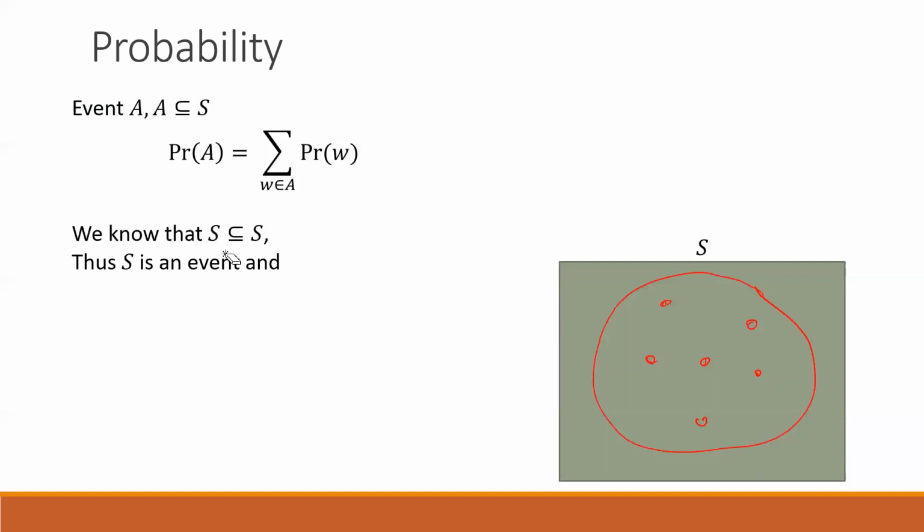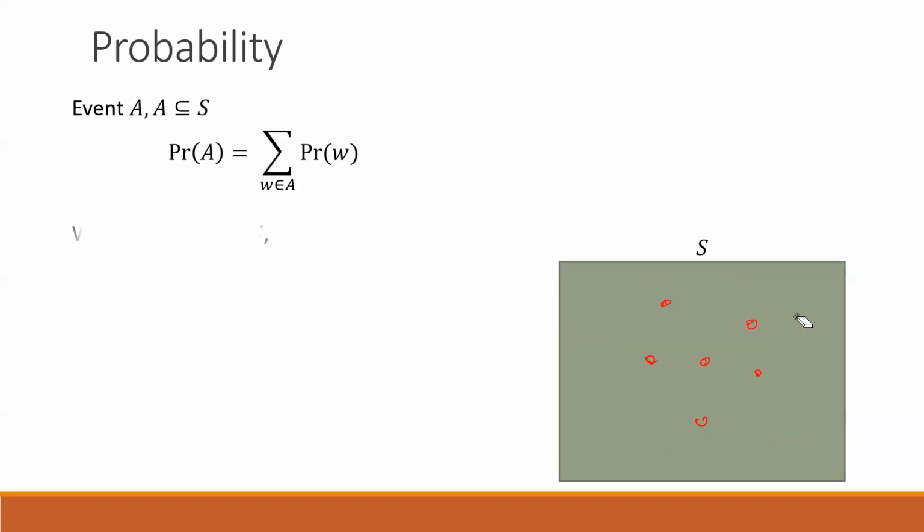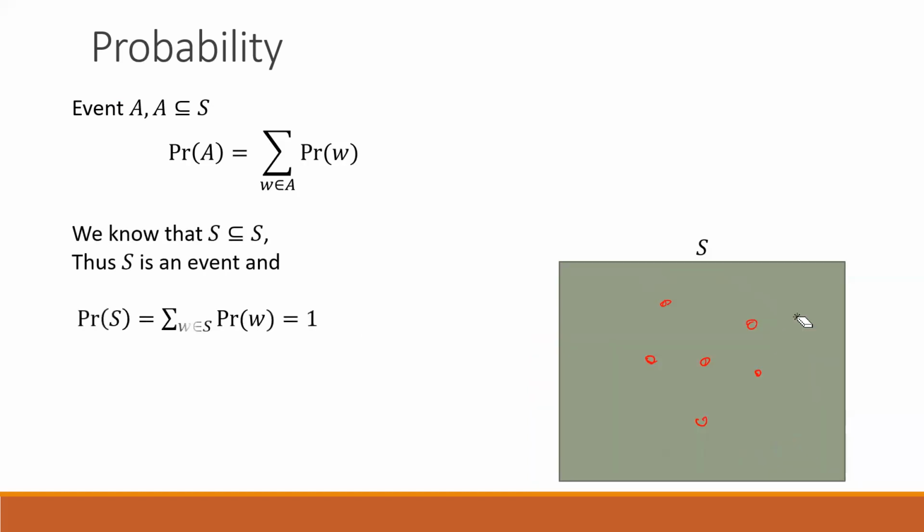So we can define an event that is all of the outcomes in our sample space. If we sum up all of the probabilities of all of the outcomes in our sample space, we get 1. So S is an event and it has a probability of 1 of occurring, which means that something must happen. What is the probability that something happens? The probability is 1.